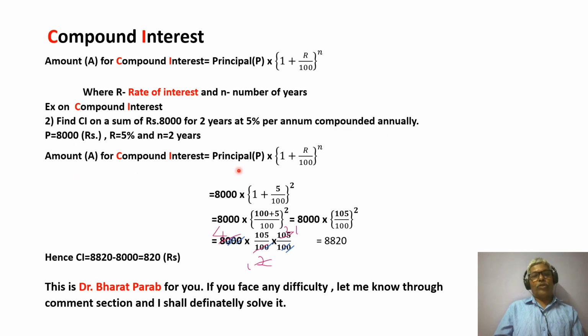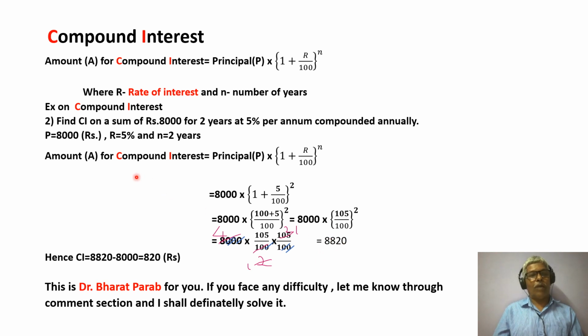So we substitute all this in this formula. Amount A is 8,000 into bracket 1 plus 5 upon 100, the whole bracket raised to 2. So 8,000 into, we take LCM in this bracket, 100 plus 5 upon 100 raised to 2, equal to 8,000 into 105 upon 100 and whole bracket raised to 2. This is very simple mathematical calculation, and we split this to cancel the zeros and other quantities, and we get 8820.